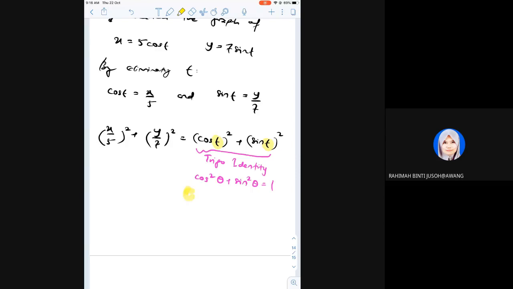For example, if we have cos squared 3t plus sin squared 3t, this is also 1.